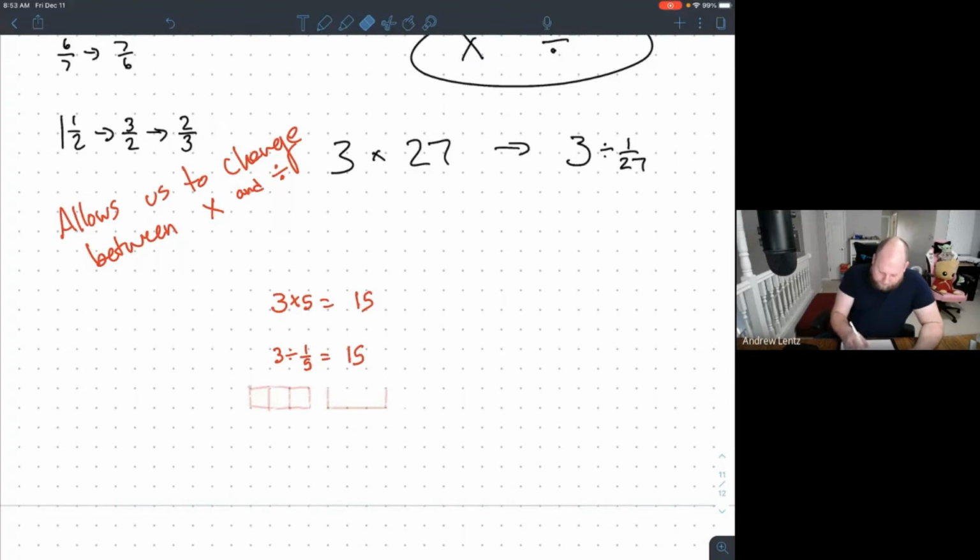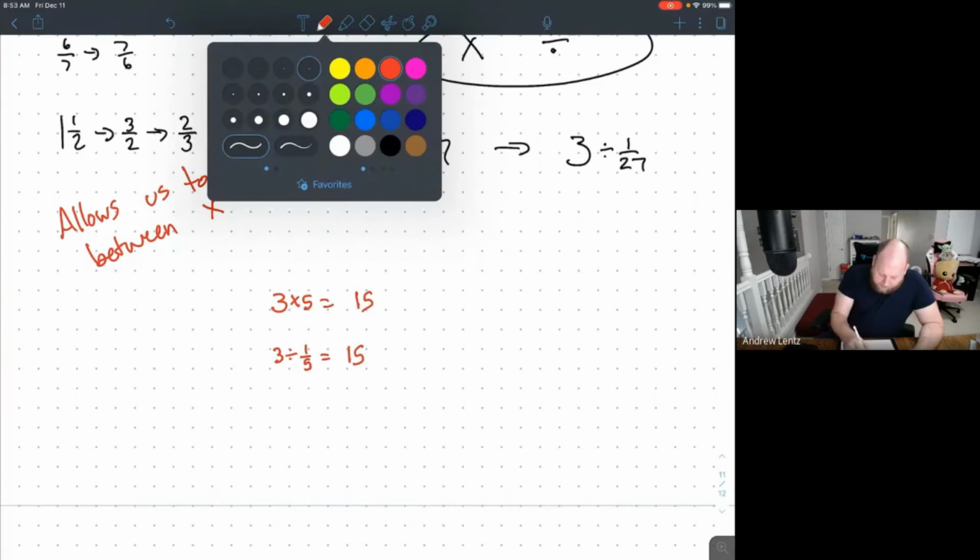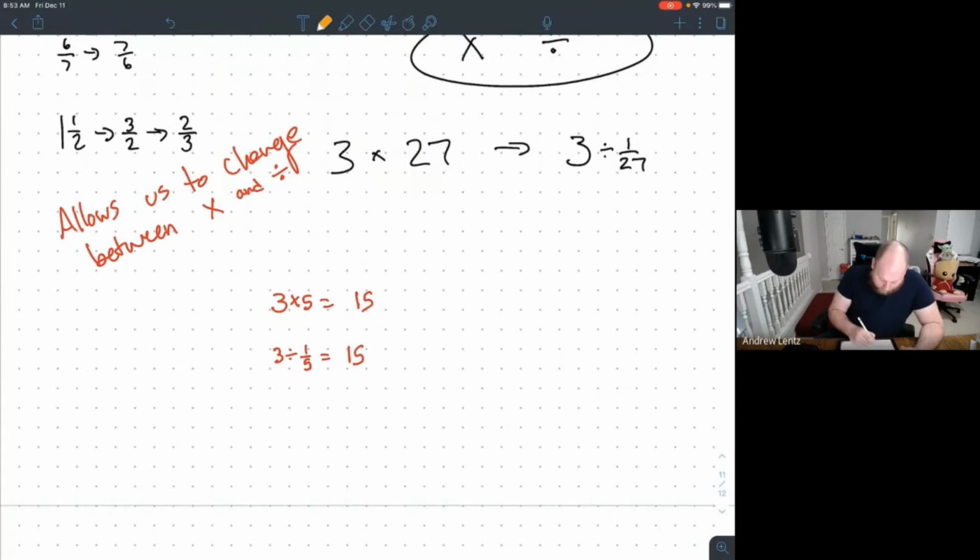Okay, here, let's try this. We know the answer is going to be 15. So because we know that, I'm going to use it. Typically, you don't know how this works. So this equals 1, that entire bar.